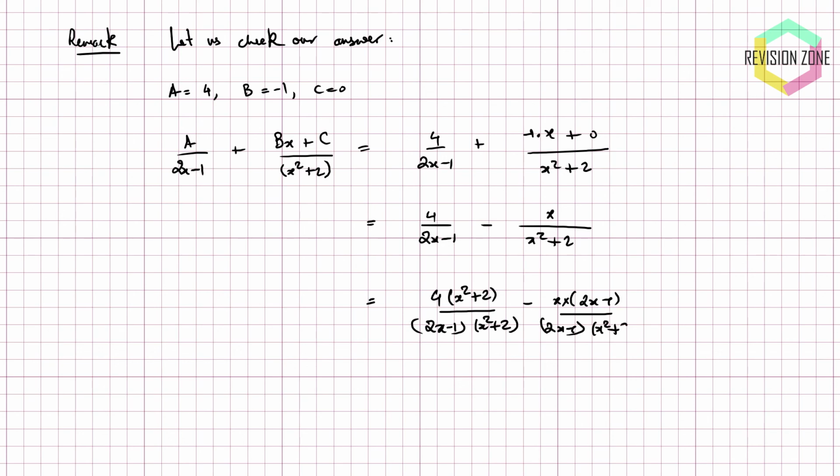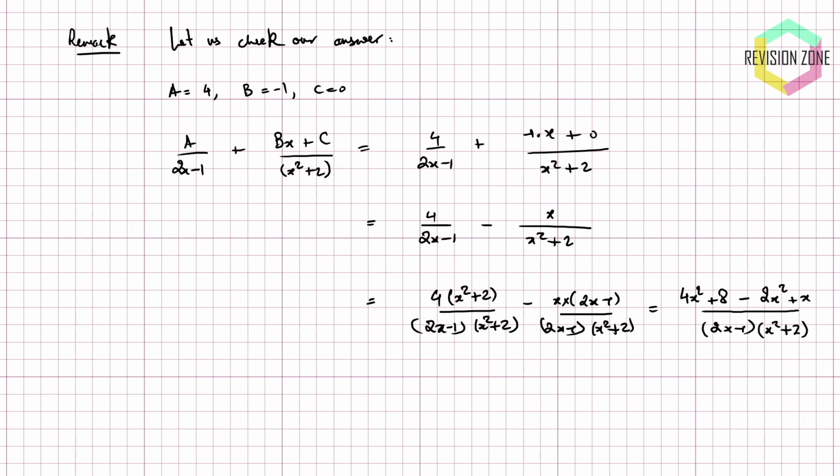So now that we have a common denominator, this is just going to give me 4x squared plus 8, and it's going to be take away 2x squared plus x, okay? And then the denominator is just going to be 2x minus 1, and then x squared plus 2.